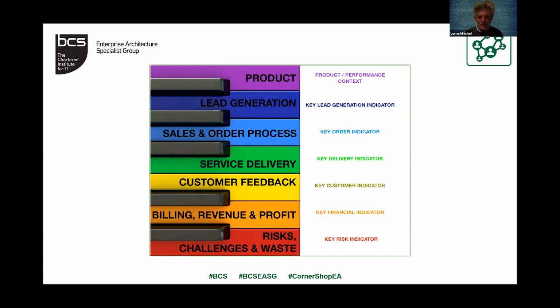And I map that onto an organization when I go in and run workshops against it. People suddenly realize that if their product launches 3 months late, they're not going to get the sales in to get the profit in that they need. So they suddenly realize how dependent they are on the whole machine, if you like.